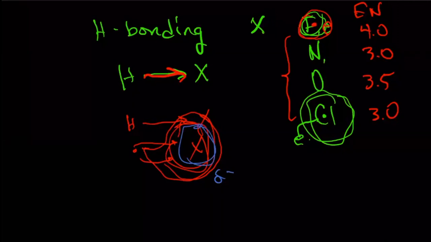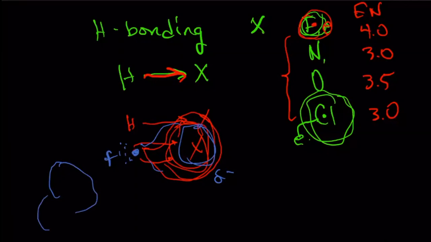Whereas this proton right here, now it's going to be naked because it doesn't have electrons out here to kind of screen it. Because it's now exposed, then another electronegative element, maybe within the same chemical, okay, is going to see that proton.